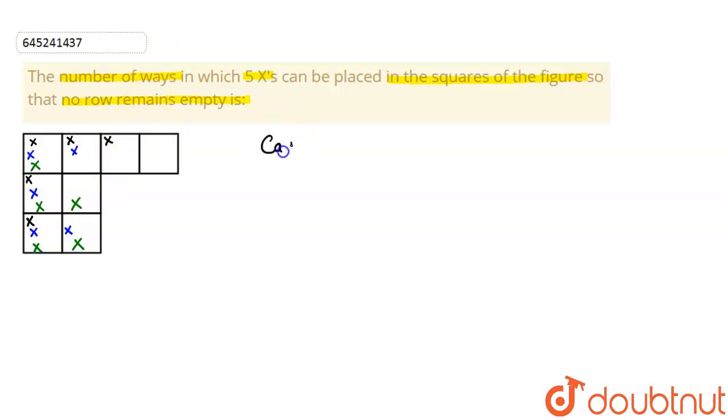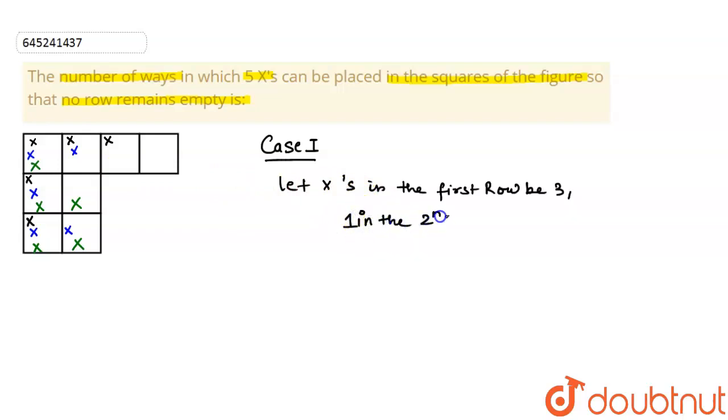So let us take case 1. Let the x's in the first row be 3, then 1 in the second row, and 1 in the third row.